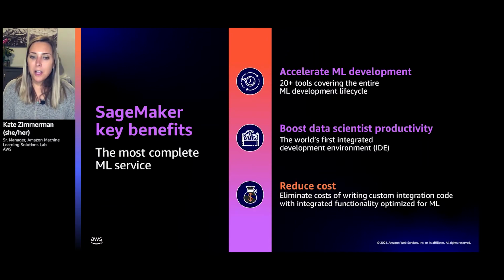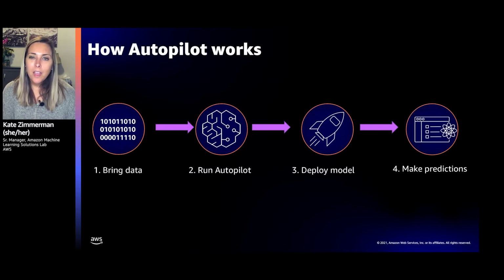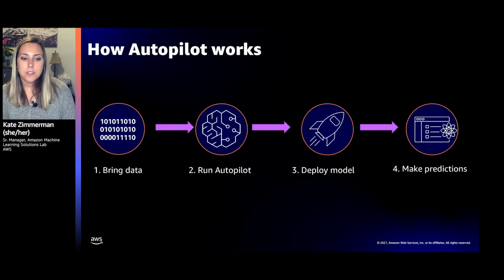And when I talk about SageMaker in context of AutoML, what I really want to hit on is, again, that Amazon SageMaker Autopilot service that I'd mentioned earlier on. Because Autopilot is a native AutoML solution built directly into Amazon SageMaker. And the way it works is you bring data. So in the case of Autopilot, this is tabular data.